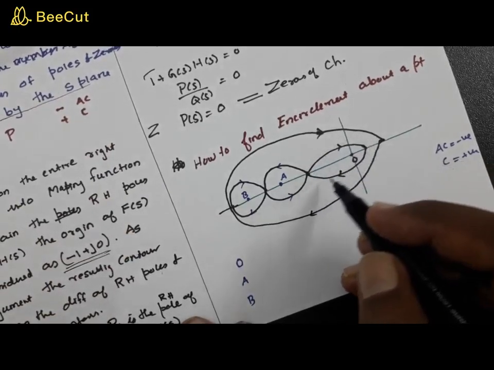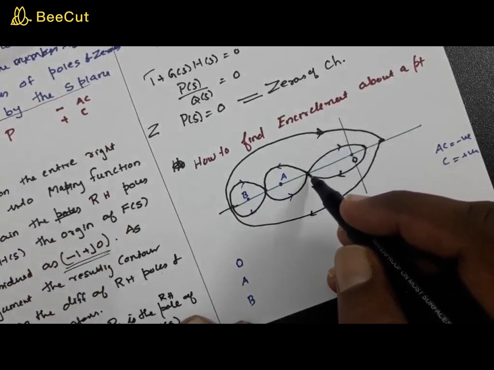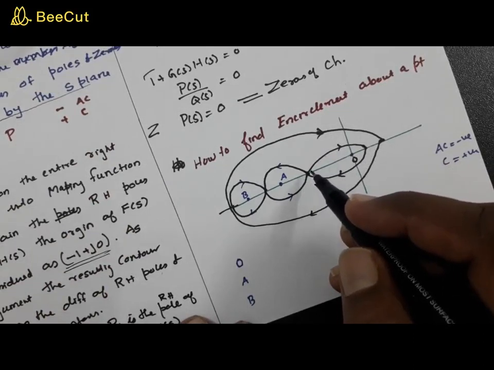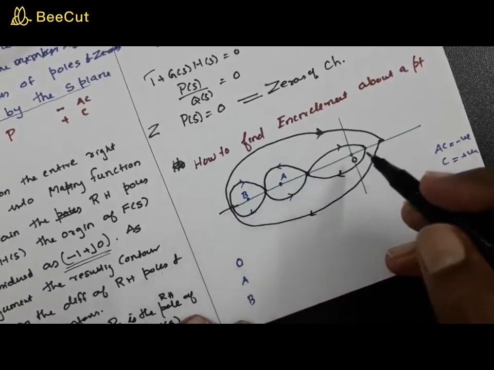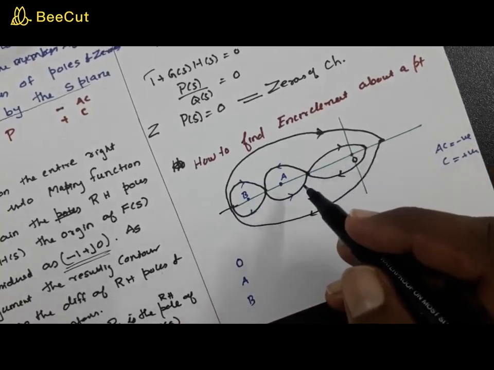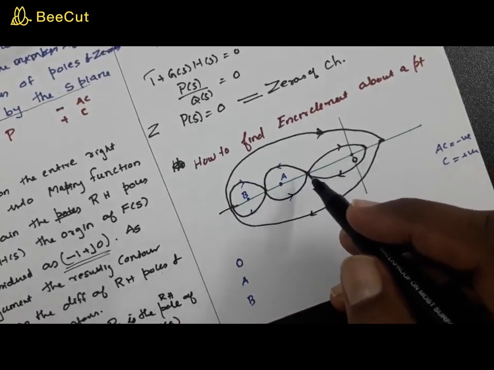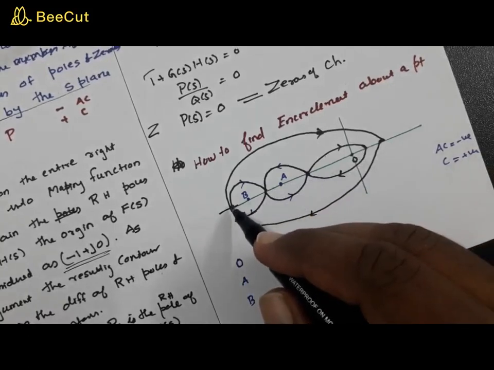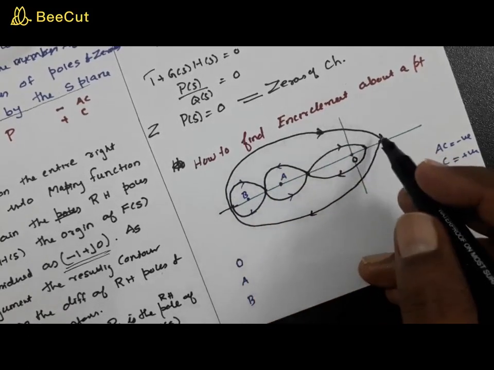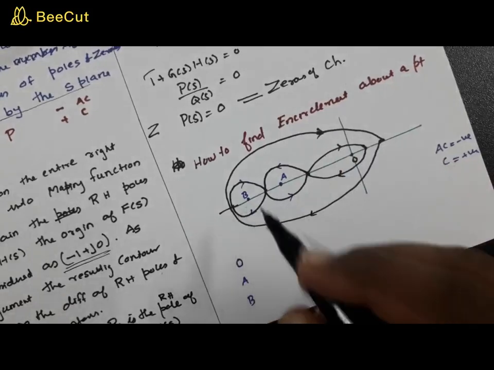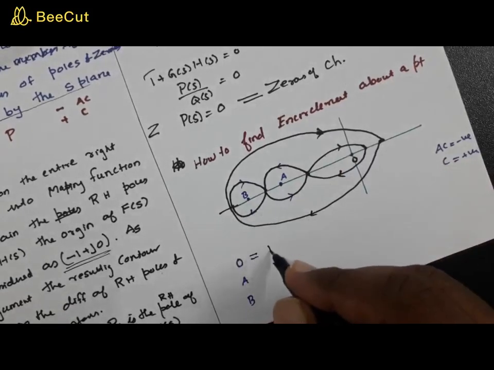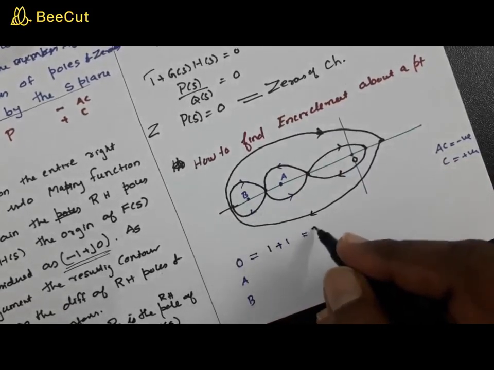Starting at a point and you will reach that point. So this is one encirclement, and another encirclement is, you can say, start like this. This is another encirclement, right? So at the origin you will be having 1 plus 1, which is equal to 2.